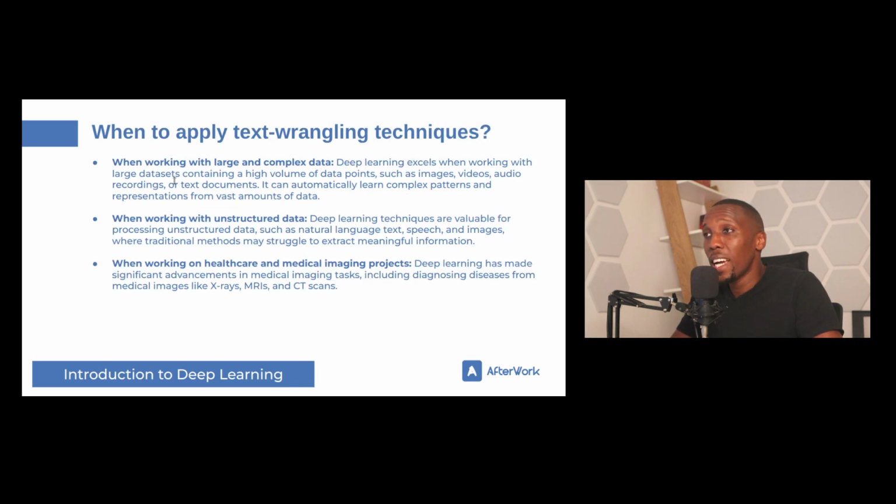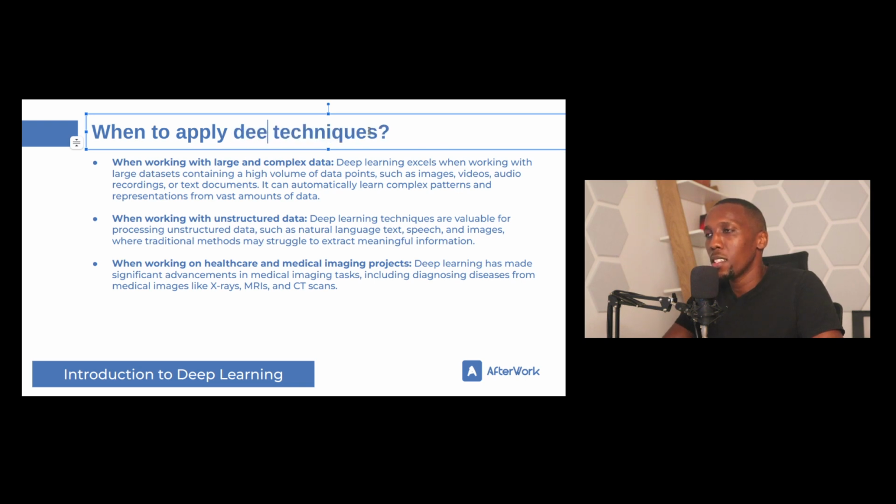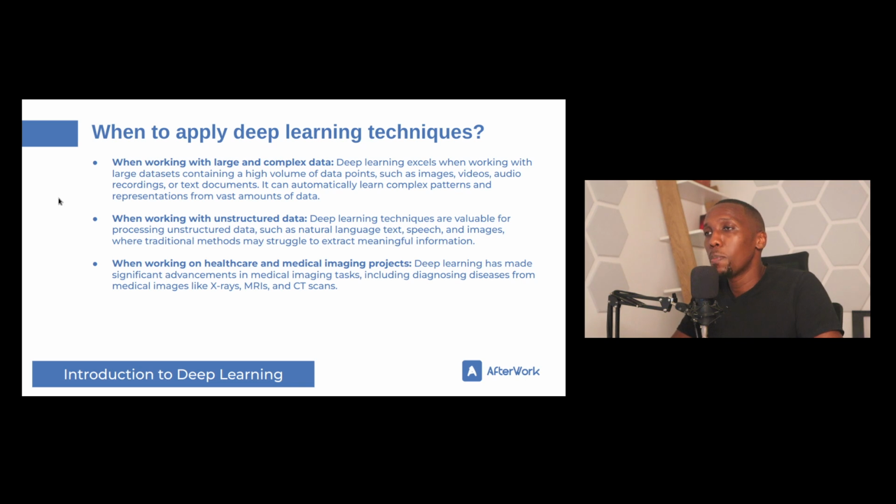Lastly, when do we apply deep learning techniques? Sorry for that, deep learning. We would apply deep learning techniques when we are working with large and complex data. So if we have large data sets, could be image, video, audio, text data, then deep learning works really well.